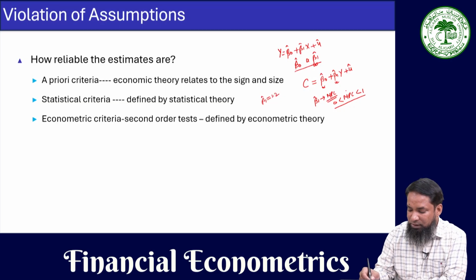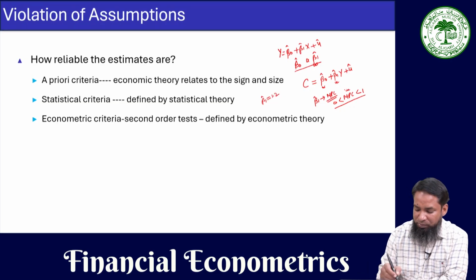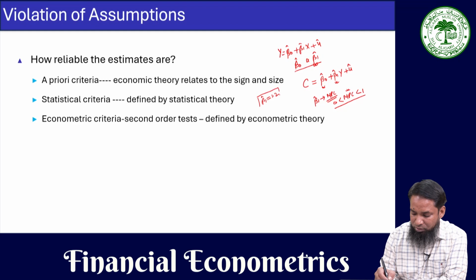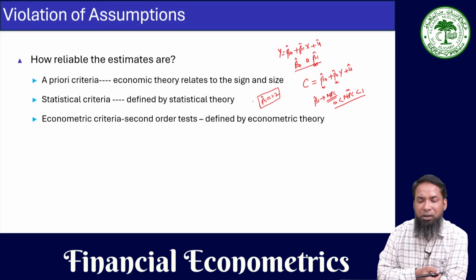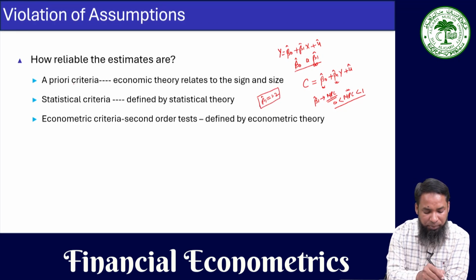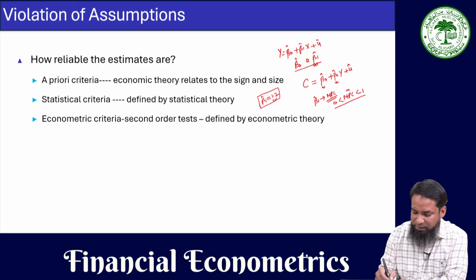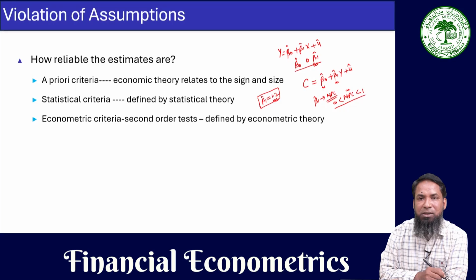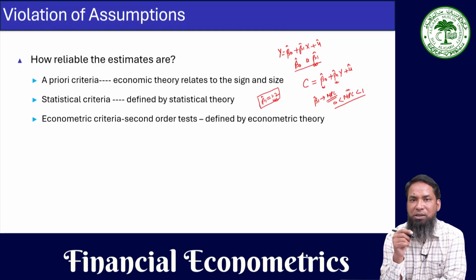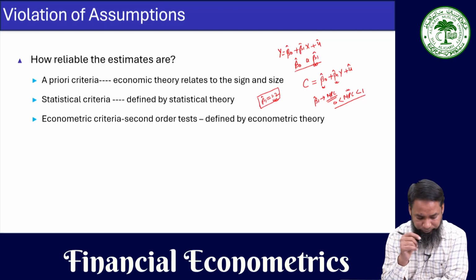But economic theory says that it must be less than 1. That means this estimate is not reliable. So through this a priori criteria we see the size and sign of the estimate, and using those two criteria we can see whether the estimates are reliable or not.